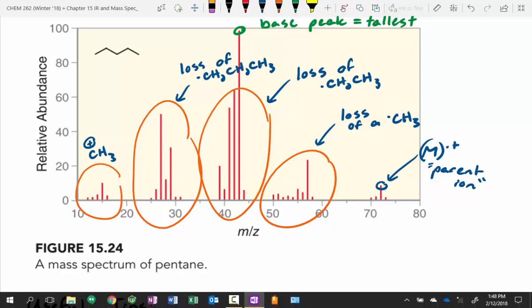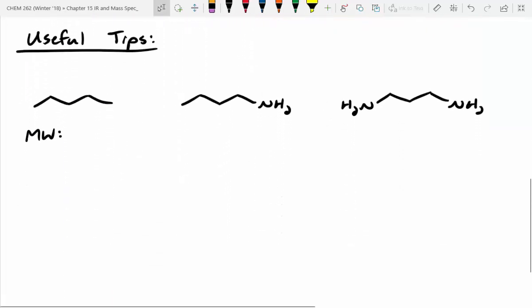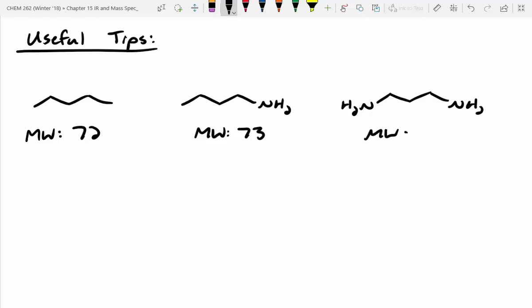Which should match your math using the periodic table. So this has a molecular weight of 72. Not too bad. All right, if we do the next one, which has an amine off of it, this has a molecular weight of 73. And if you go to the one on the far right, this has a molecular weight of 74.